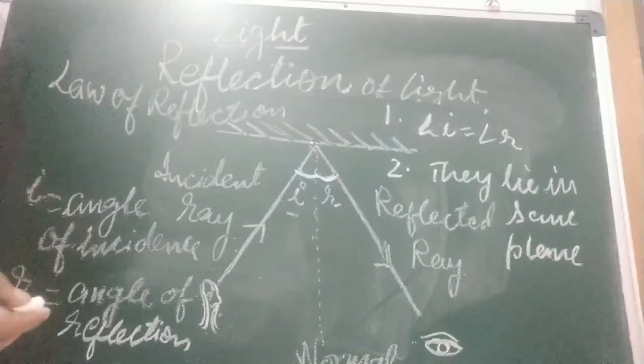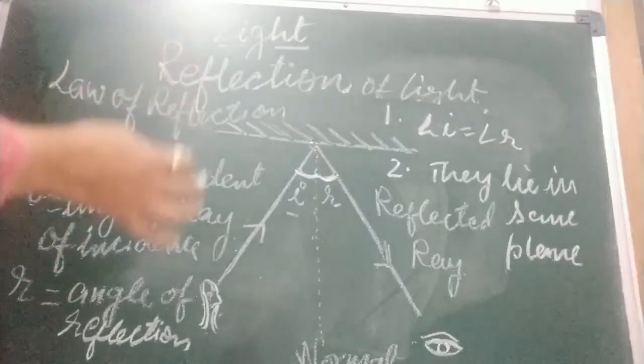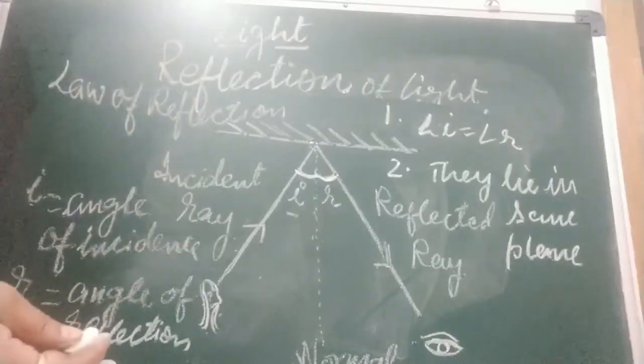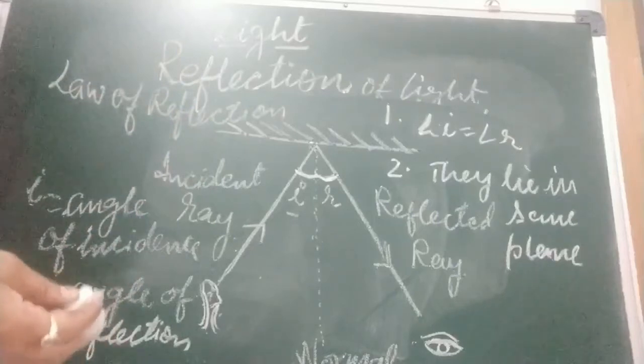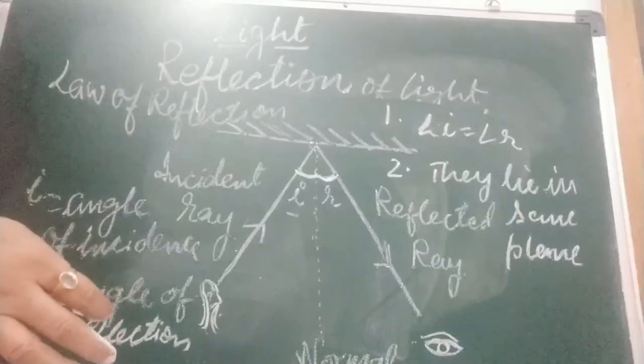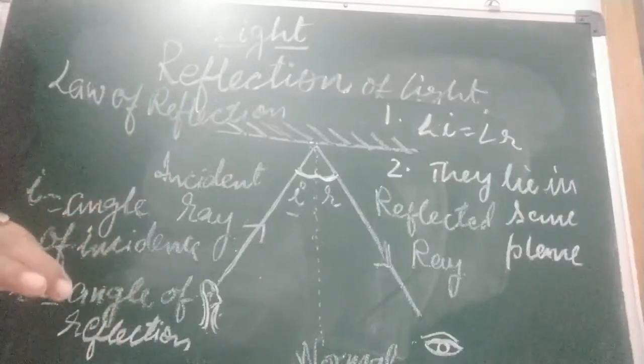Like a tree in the garden, wall, plants. Why are you able to see them? Because light is falling on them and after reflection reaches your eyes. The rays which do not fall in your eyes, you are not able to see.